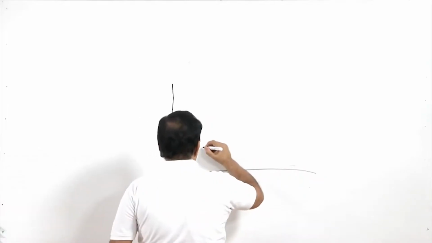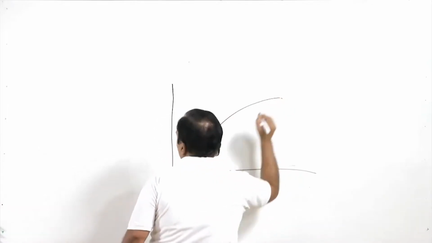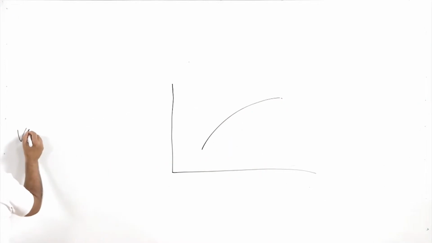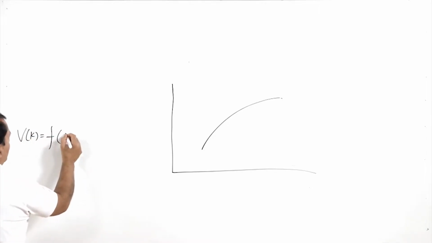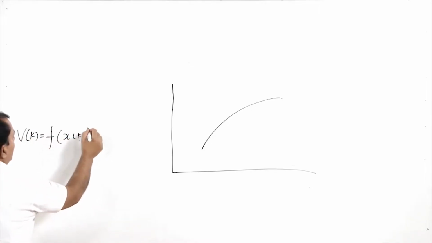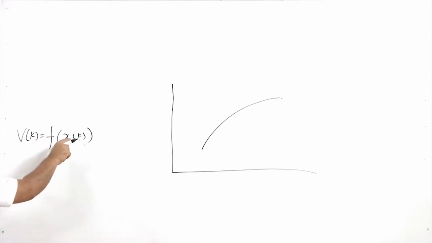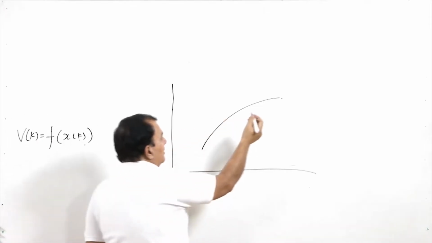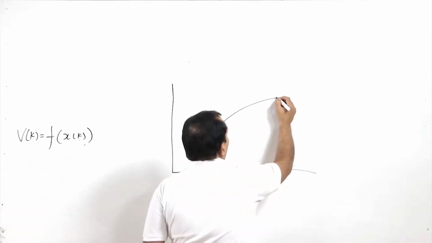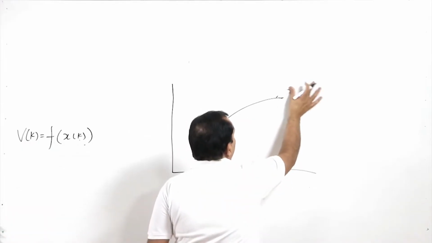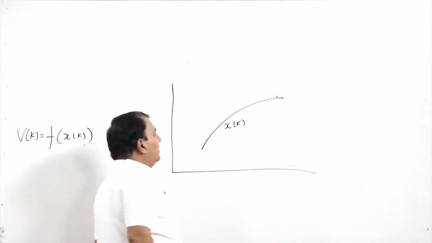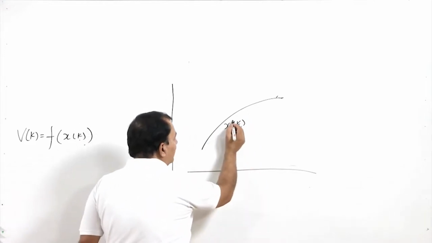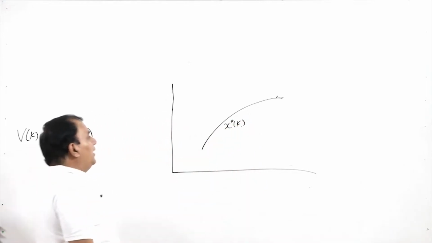So, we consider that v is a function of another function xk. So, if v is a function of xk and xk plus 1, let us define this as my xk, and particularly let us say this is the optimal value.